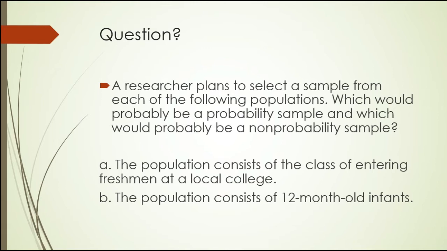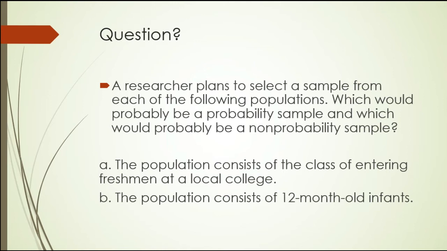Lagi natin tatandaan na si non-probability ay hindi alam kung gaano kadami ang population. Okay? So, for this, the population consists of a class of entering freshmen at a local college versus the population consists of 12-month-old infants. Dito, si letter A, siya ang non-probability.